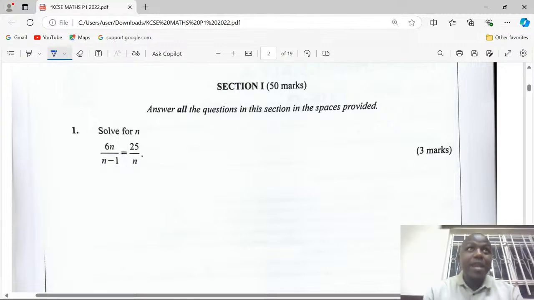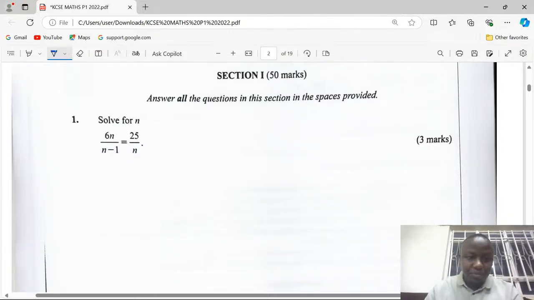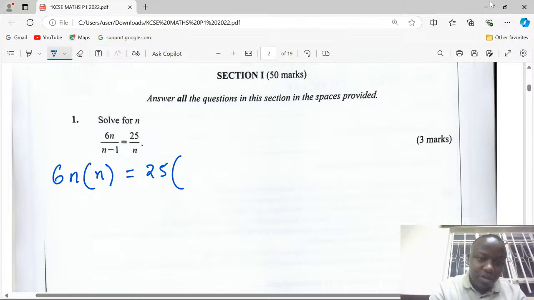Solve for n. With the provided equation, there are several ways through which you can maneuver, but allow me to approach the question by doing a cross multiplication, whereby I will cross multiply with the denominators, so that 6n multiplies with n, then this is equal to 25, which has now to multiply with n minus 1.